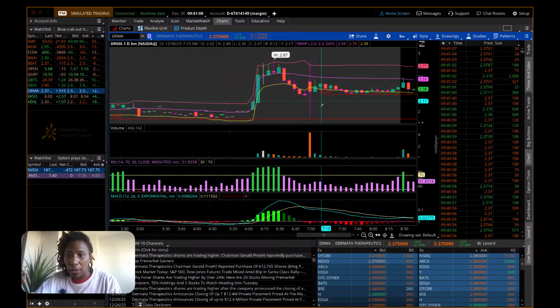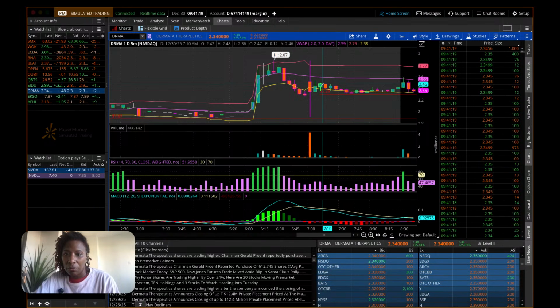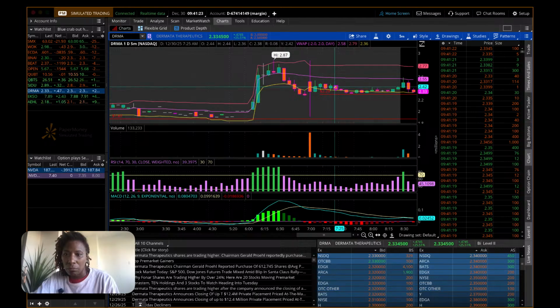So that's support there. And then it looks like it did break resistance. I said I have resistance at about 247. Let's say 242. So write that out. That's 242.